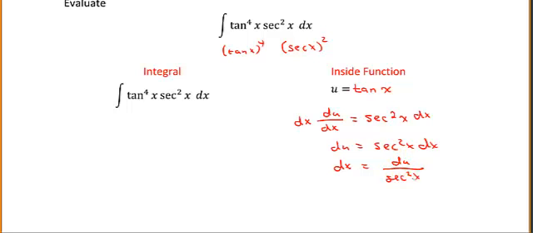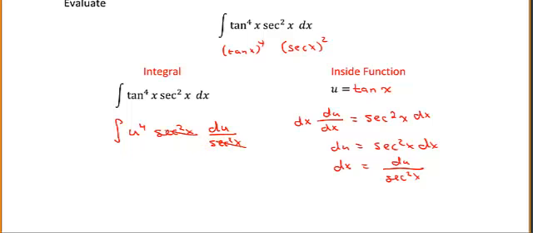Now let's go in and make our replacements here. Remember, u is tangent of x, so instead of having tangent to the fourth, we'll have u to the fourth. Secant squared of x stays secant squared of x, with no replacement. And then dx is du over secant squared.